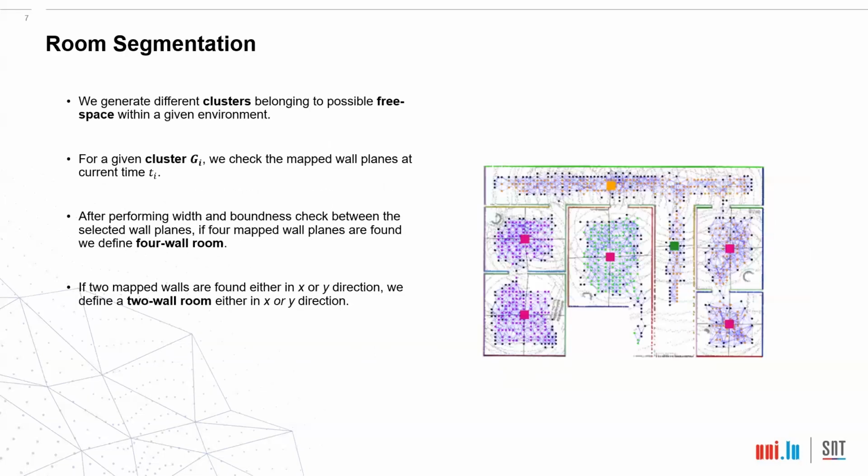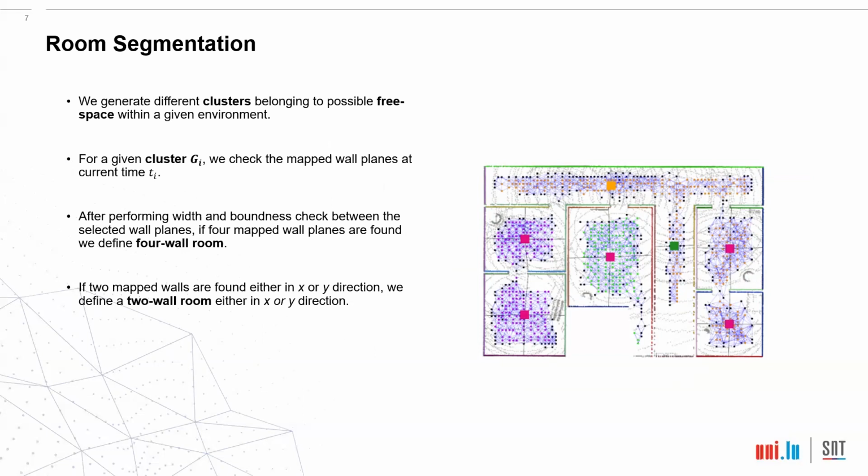In case of room segmentation, we modify a free space generation algorithm to provide us free space clusters for given constrained spaces like rooms. Given a cluster, we check all the map wall planes by a keyframe at a given time.